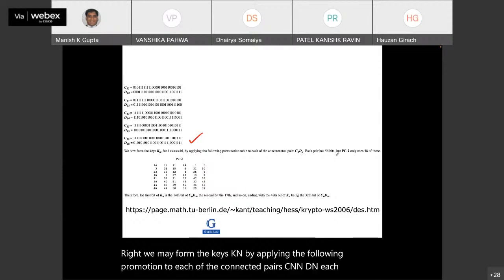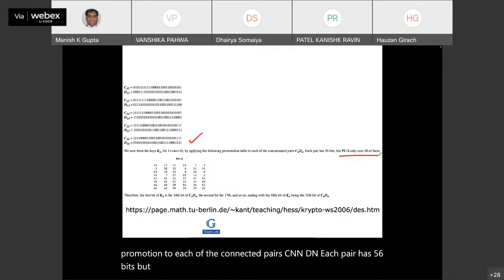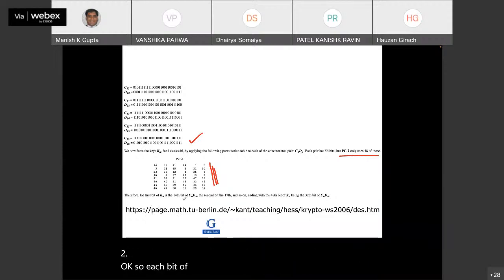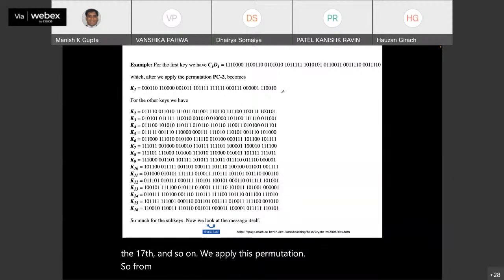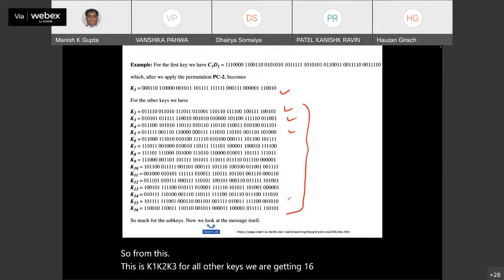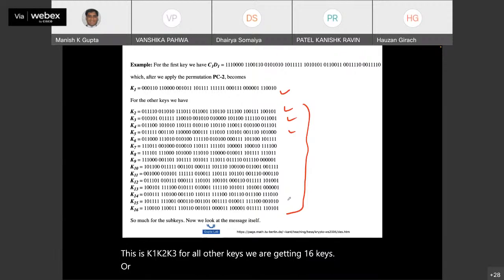Each pair has 56 bits, but PC2 only uses 48 of these. This is our permutation choice 2. Each bit of Kn is the 14th bit of Cn Dn, the second bit is the 17th, and so on. We apply this permutation, and from this we get K1, K2, K3 and all the other keys: 16 subkeys. These are known as round keys.